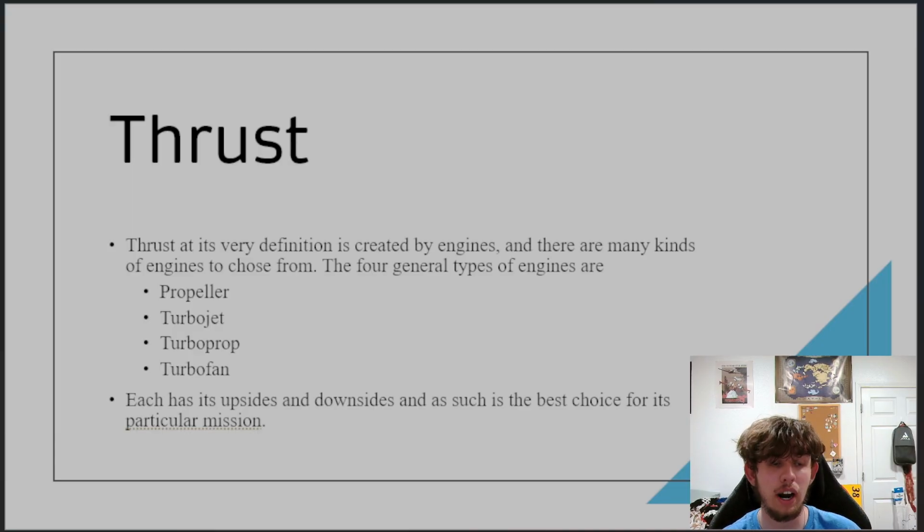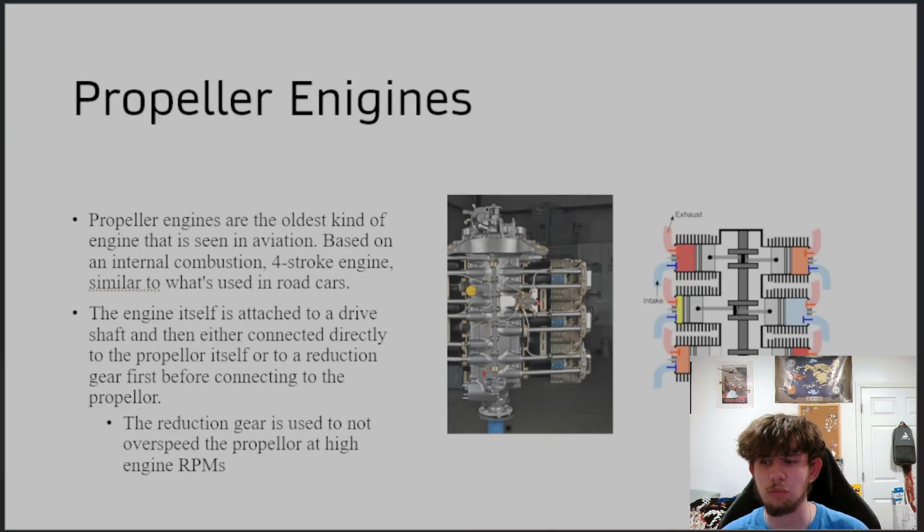The turboprop, which is a mixture of the turbojet engine with the piston propeller powered aircraft generation of power. And then the turbofan, which is the newer version of the turbojet, a little bit more efficient. We'll go over that in just a second. Each engine obviously has its upsides, its downsides, its use cases, and what it can and cannot do.